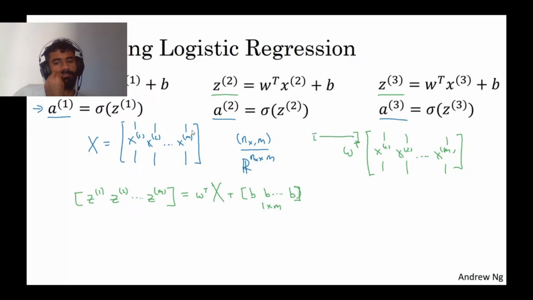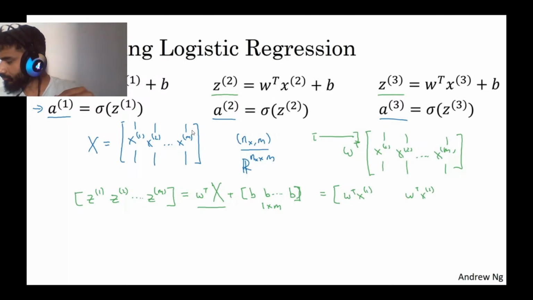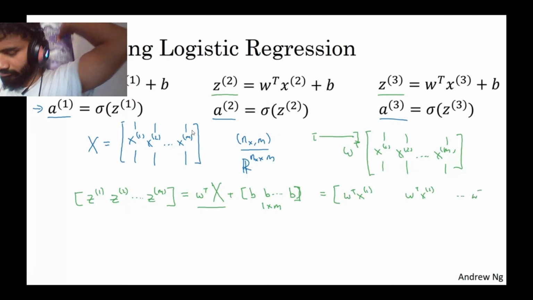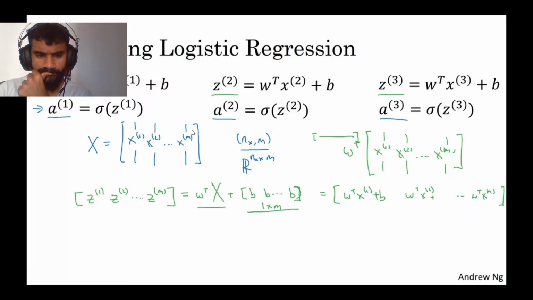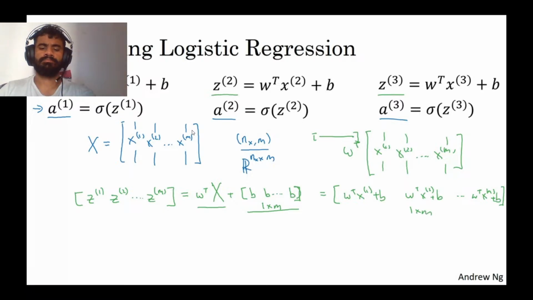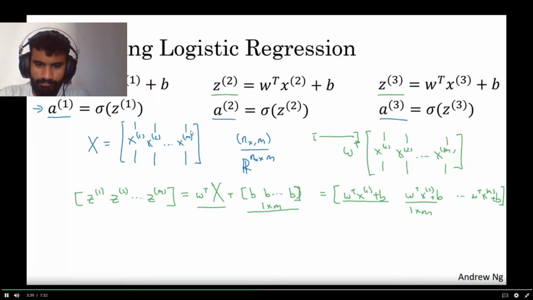So this W transpose will be a row vector like that. And so this first term will evaluate to W transpose x1, W transpose x2, and so on, through W transpose xm. And then when you add this second term, b, and so on, you end up adding b to each element. So you end up with another 1 by m vector, where that's the first element, that's the second element, and so on, and that's the mth element.